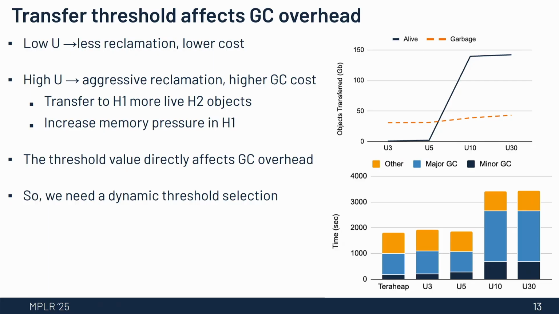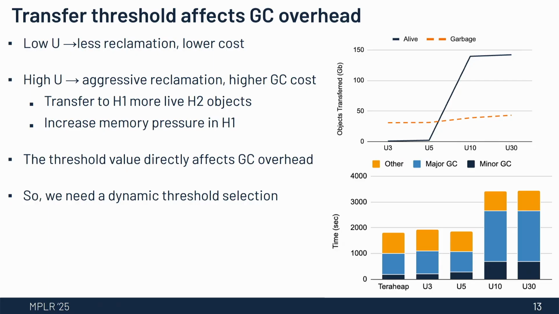And here is the performance of TeraHeap. Having a small threshold means we move from H2 to H1 more regions that contain garbage instead of live objects, okay? And we see it here. The performance is comparable with TeraHeap.